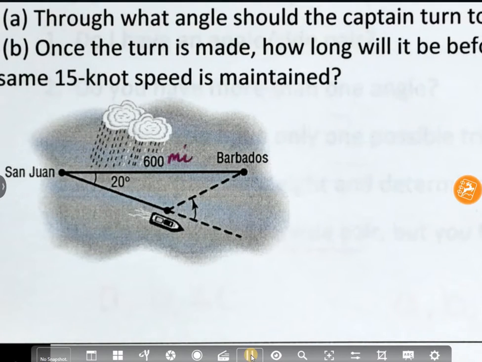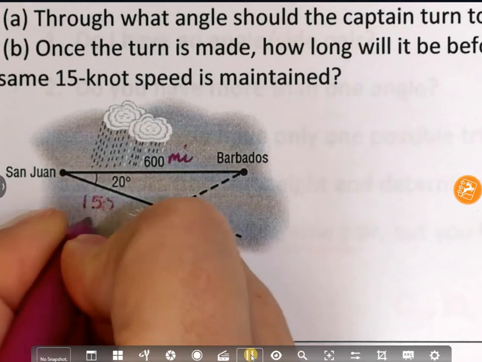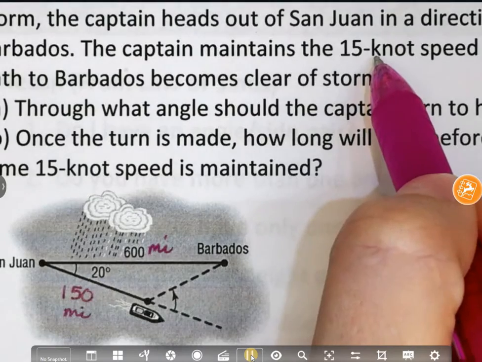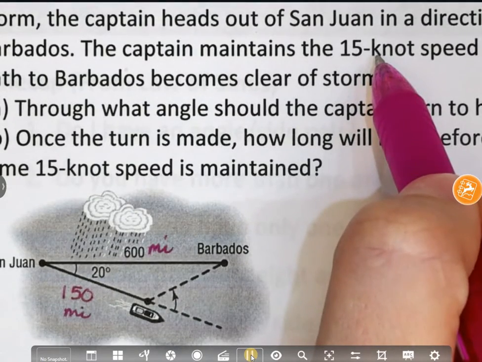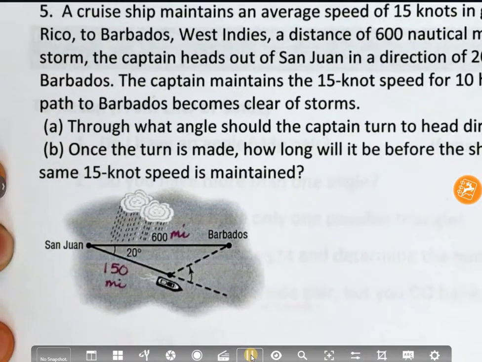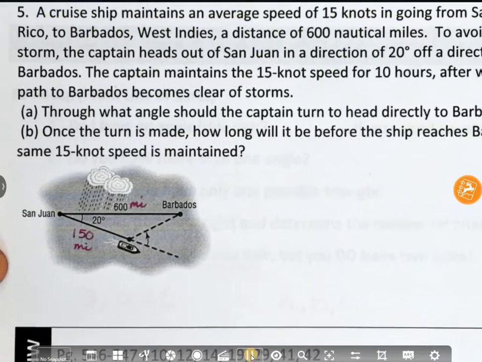How far have I gone? 150 miles. Because again, a knot is the same thing as a nautical mile, so it's the same thing as saying 15 miles per hour. And I've been going for 10 hours. Does that make sense? Okay.